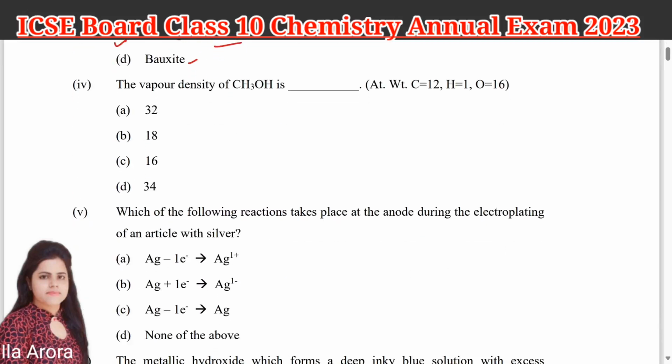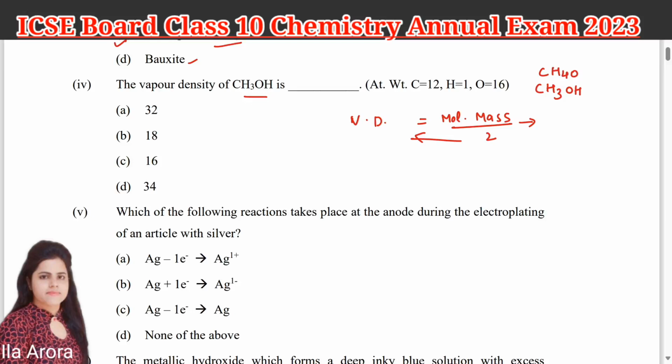Next is the vapor density of CH3OH, methanol. We know that there is a relation between vapor density and molecular weight: vapor density is molecular mass upon 2. To calculate the molecular mass, CH3OH as a whole is CH4O. We just have to add all the atomic masses of these elements.